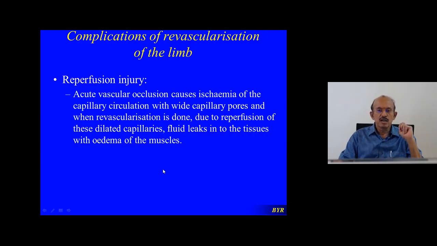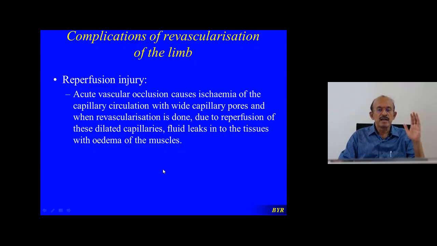Acute vascular occlusion causes ischemia of the capillary circulation. When the vessels are blocked for a time, all the capillaries are deprived of blood flow. When they are deprived of blood flow, they are deprived of oxygenation and nutrition.